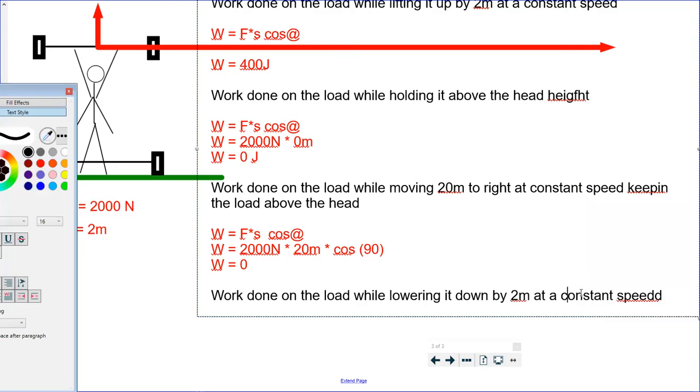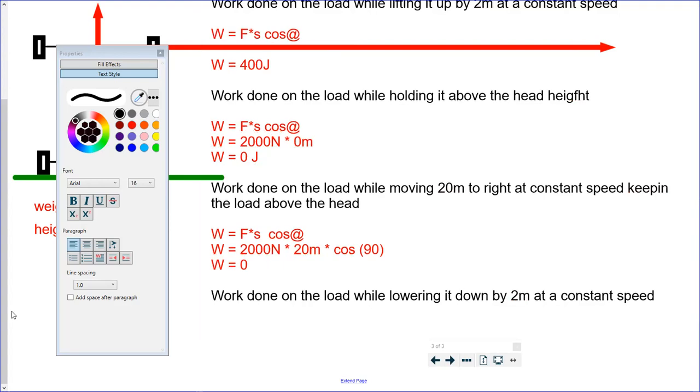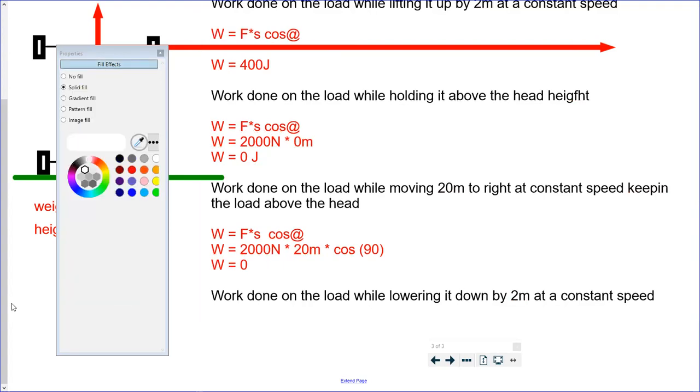So what do you think? Okay, for this question, first you tell me how much force and in what direction do we need the force? For this last part, how much force and in what direction do we need?